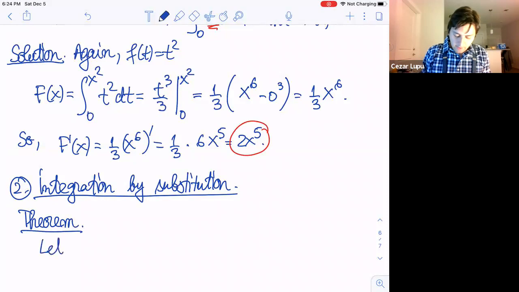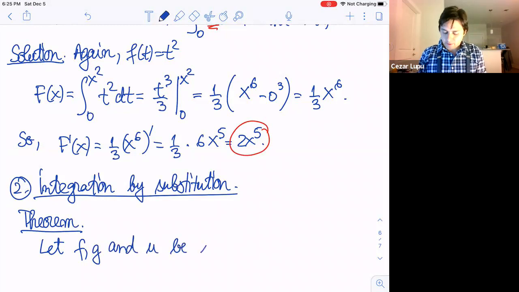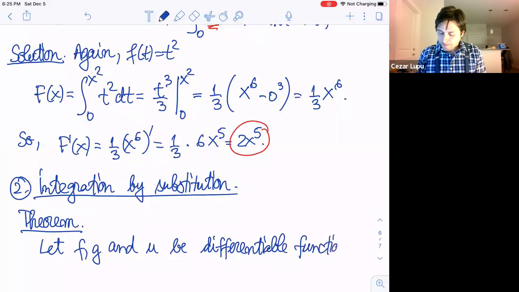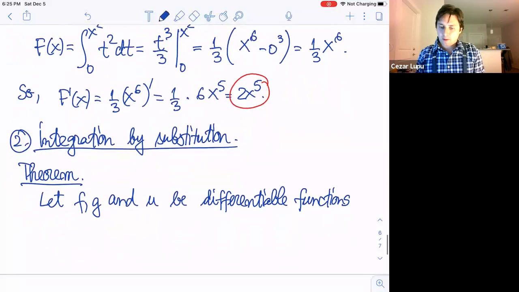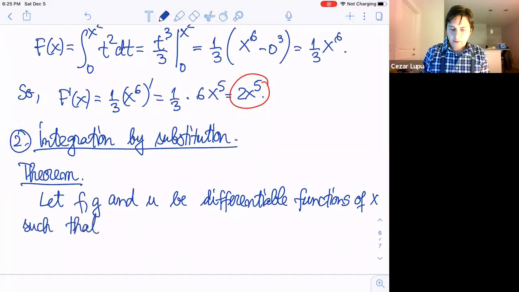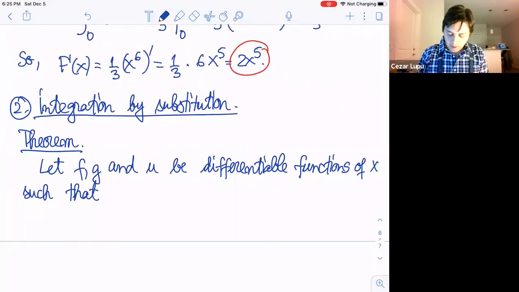Let f, g, and u be differentiable functions of variable x such that f of x is nothing else than just g of u times du over dx, right?